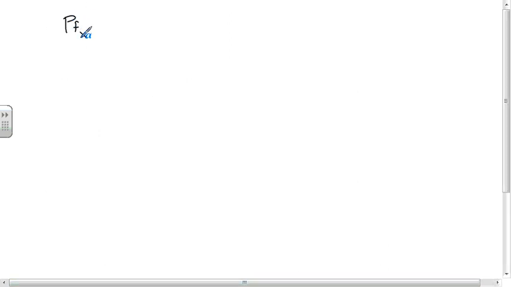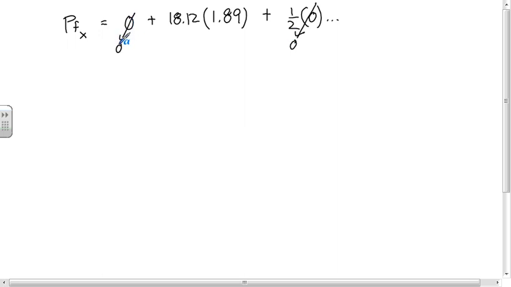So PFX is equal to, what was PIX? 0, yep. What was VIX? Yep, 18.12 times 1.89 plus 1/2 times what's AX? 0, yep. And so this all goes away, and you end up with PFX equal to 34.27.